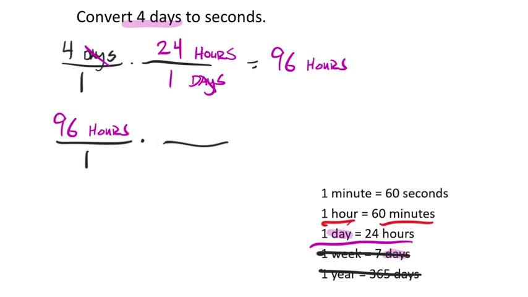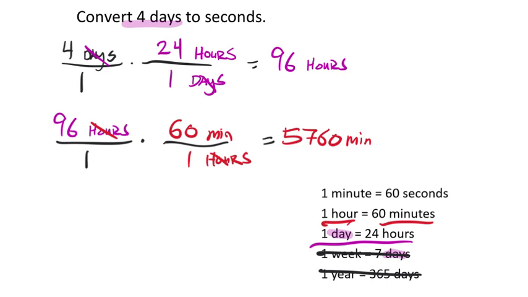This time, though, we want the hours to cancel out, and those hours should change to minutes. So it's 60 minutes for 1 hour. And when we multiply this out, the hours will cancel out, and we will be left with minutes. So in my calculator, I got 96 times 60, enter, and that's 5,760 minutes.